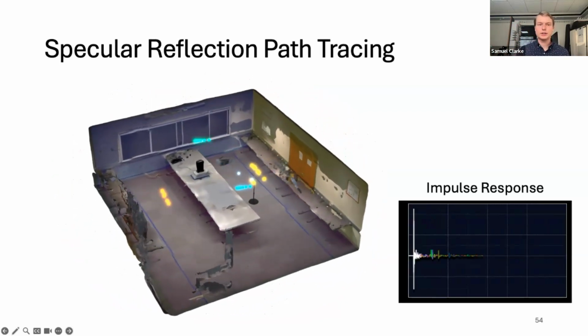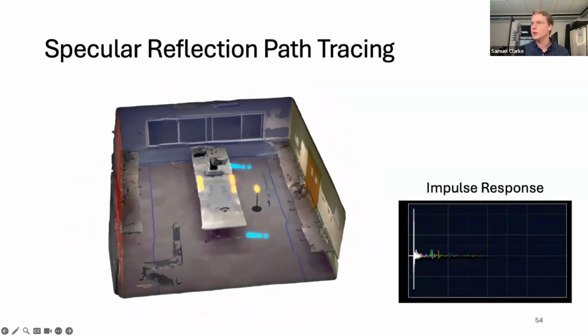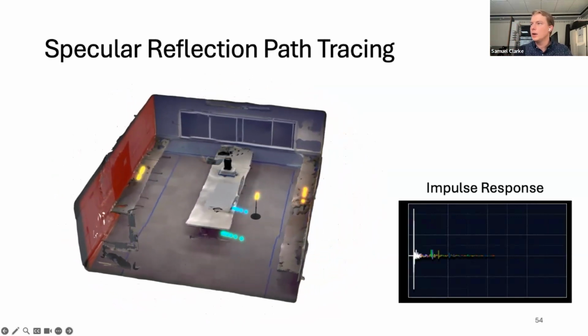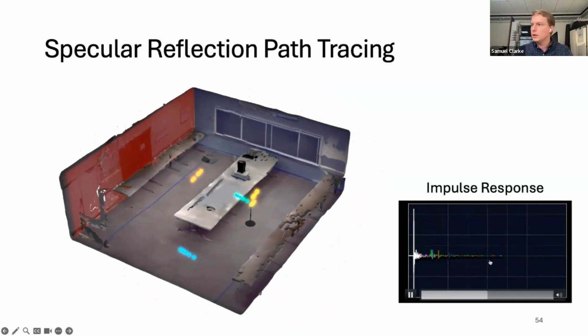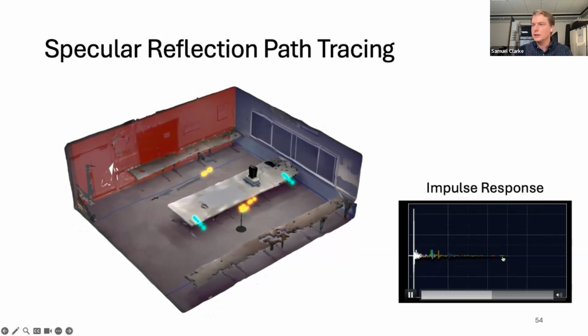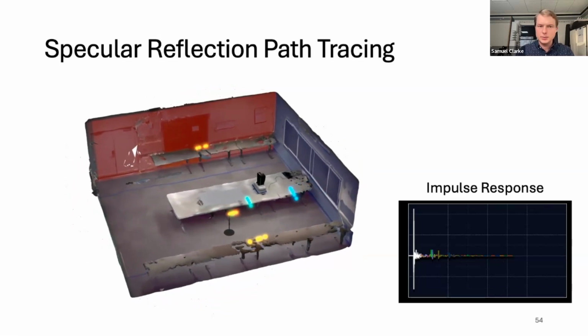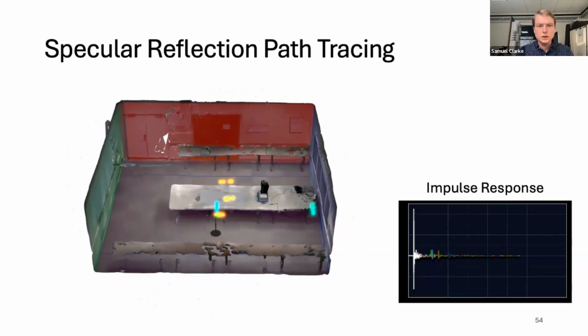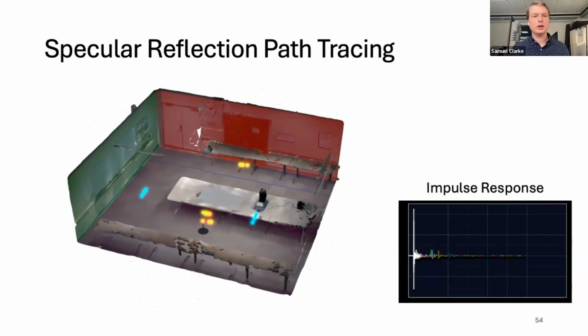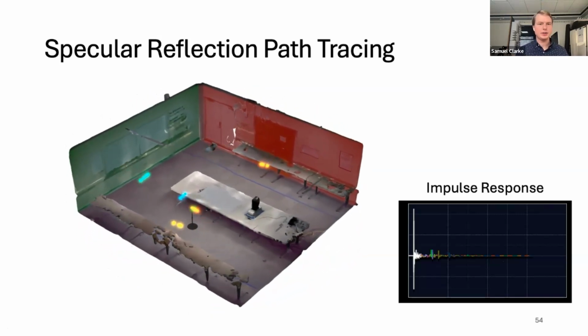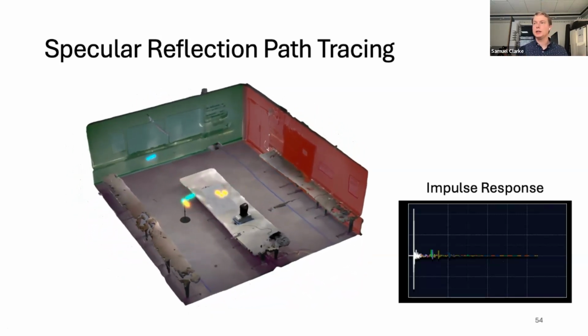Note that along the distance, they also attenuate in volume. So the later a ray arrives, the less loud its contribution to the impulse response. So this shows our specular reflection path tracing model in play.